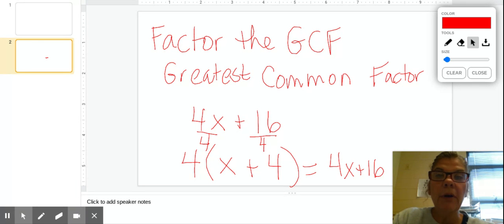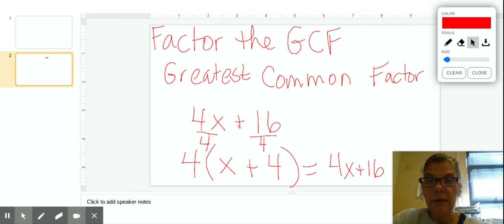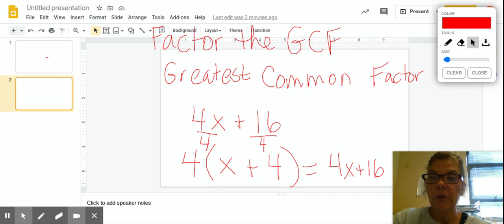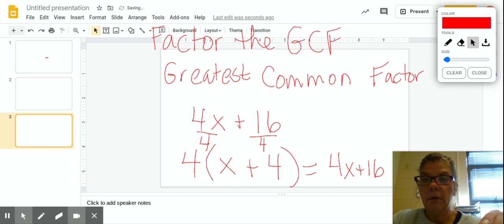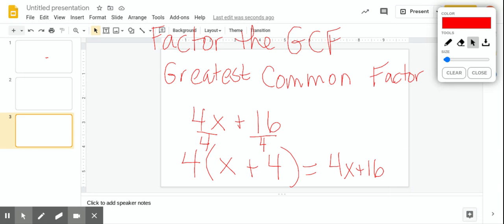It's working really well for me, isn't it? Let me try this. Let's do new slide. Let's clear, or let's download that. And now let's clear.